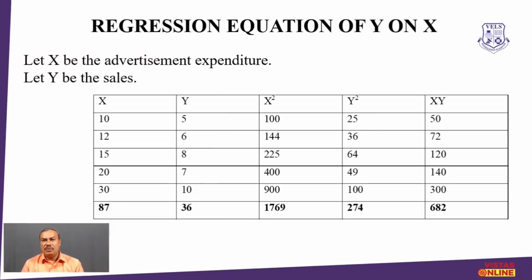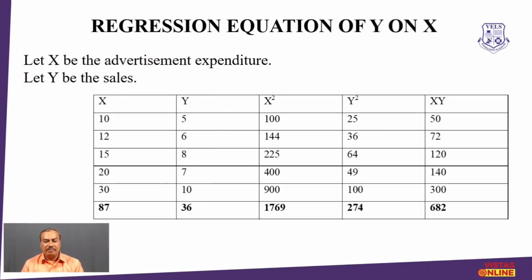Similarly, the fourth column y square, we square all the y values. xy is the product term of x and y. Finally, from this table, we calculate the total for all the 5 columns. So x total is 87, y total is 36, x square total is 1769, y square total is 274 and xy total is 682.